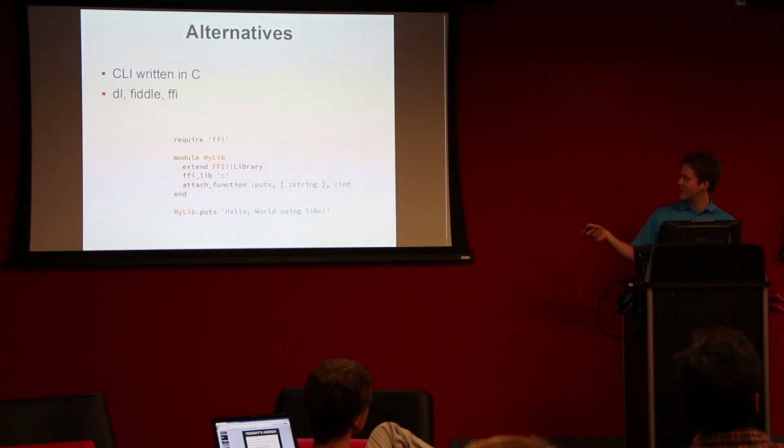The idea is that you define what C library you want to access, and you specify the name of the function you want to access. You have to specify the types of its arguments, and you have to specify the type of its return value. And if you do all that, and if you do it perfectly, and you get it right, then you can call the C function below, just like that.